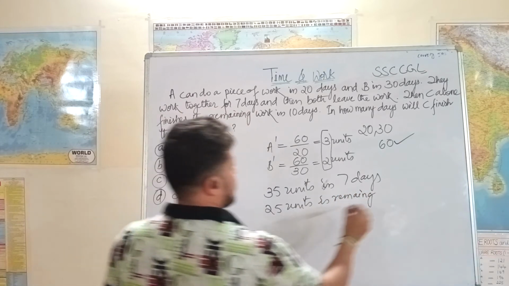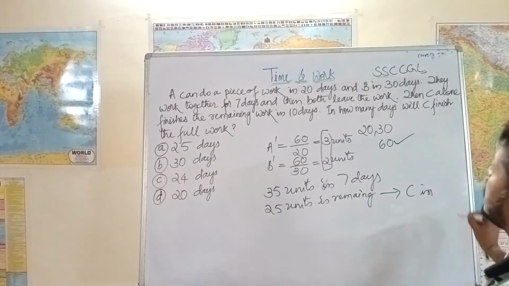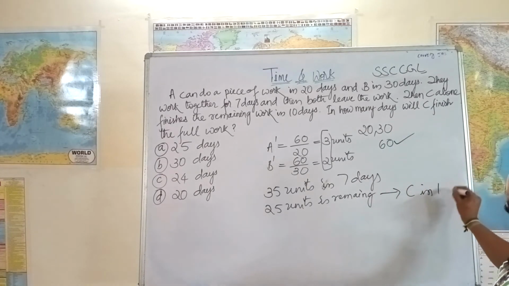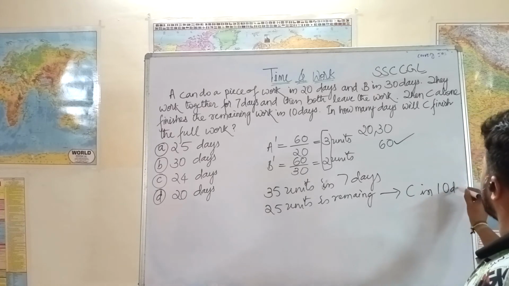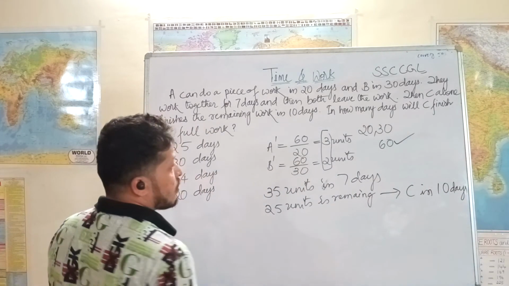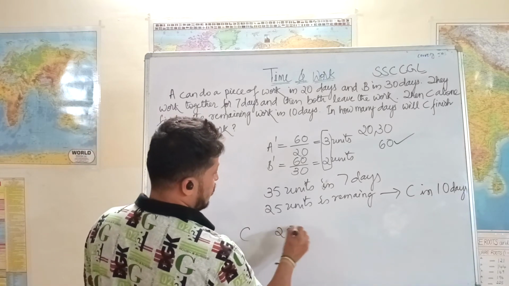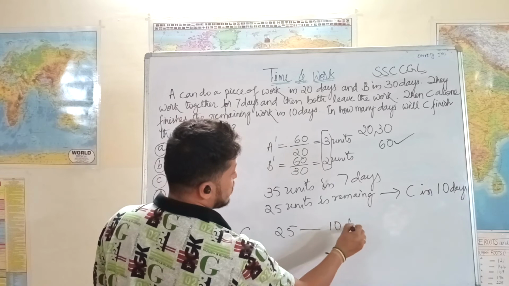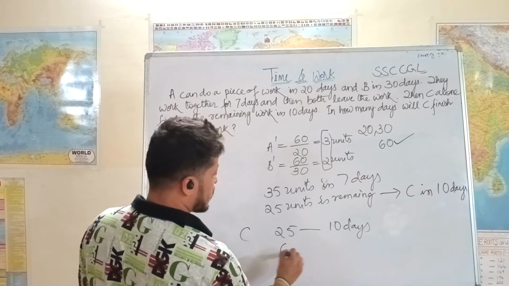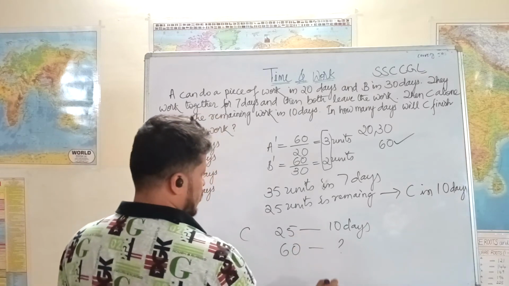Which is completed by C in 10 days. C completed 25 units in 10 days. Then if he has to do all 60, in how many days can he complete? Just cross multiplication.